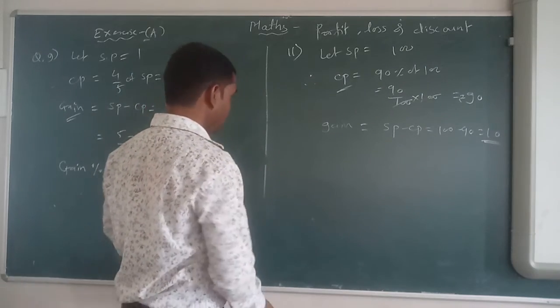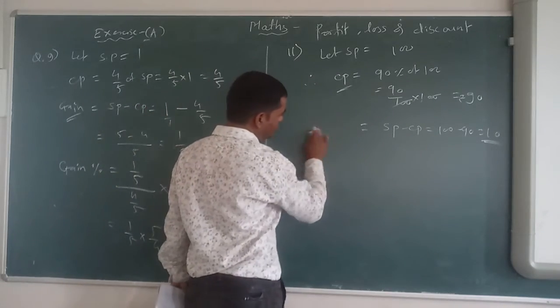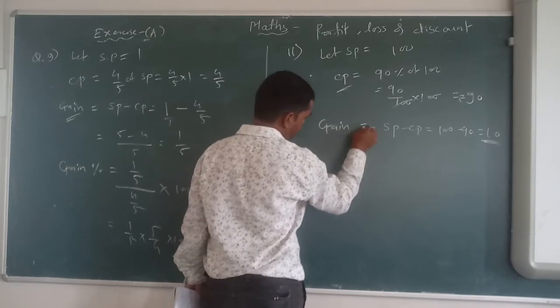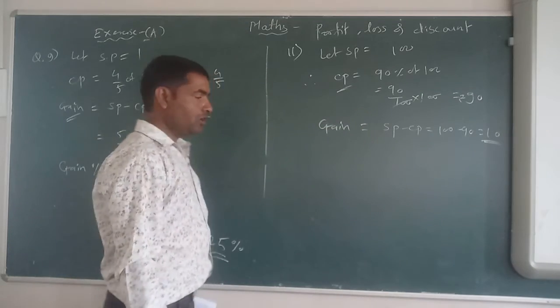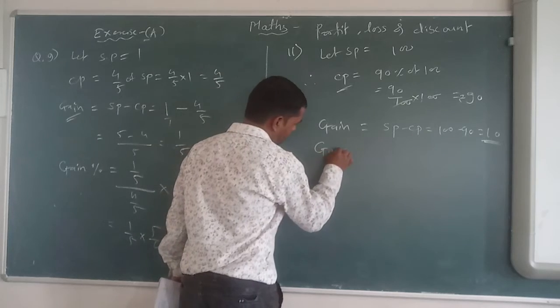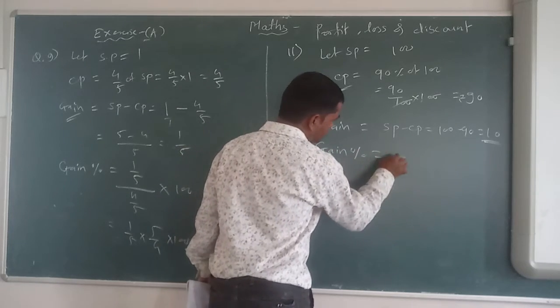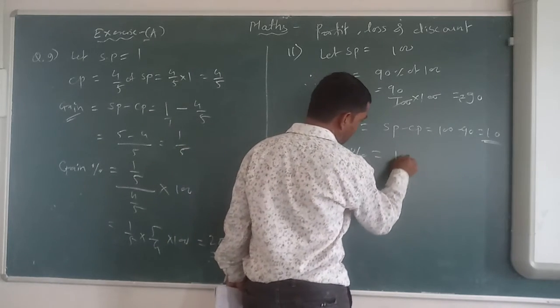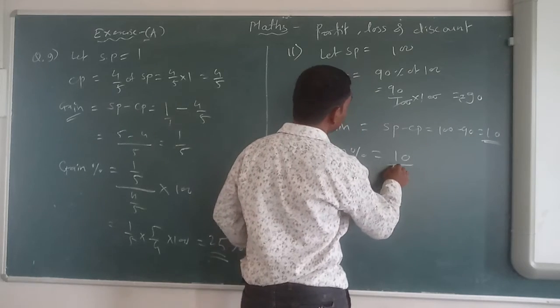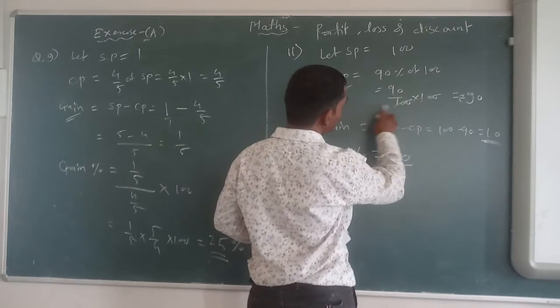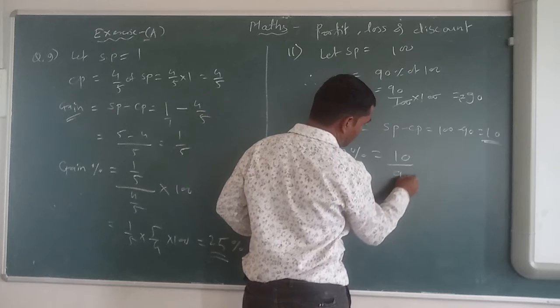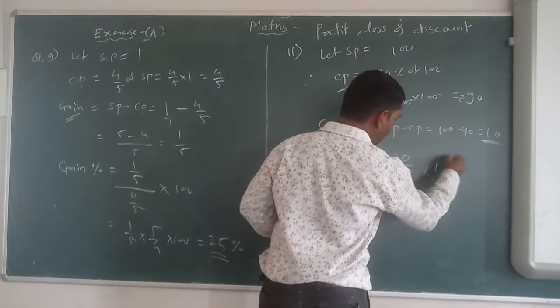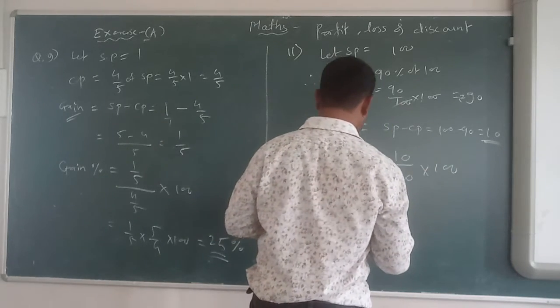Now we have to find the gain percent, not only the gain. We got the gain, 10 rupees. So gain percent is equal to 10 upon the CP, which is 90 rupees, into 100.